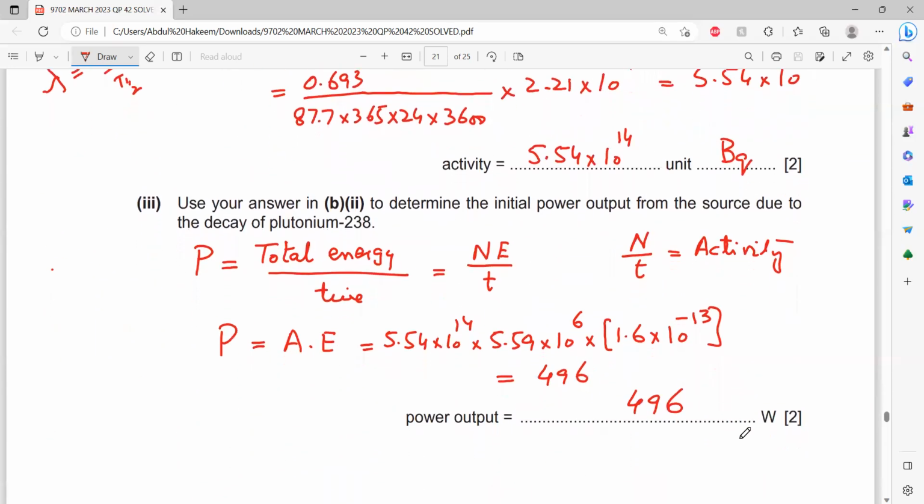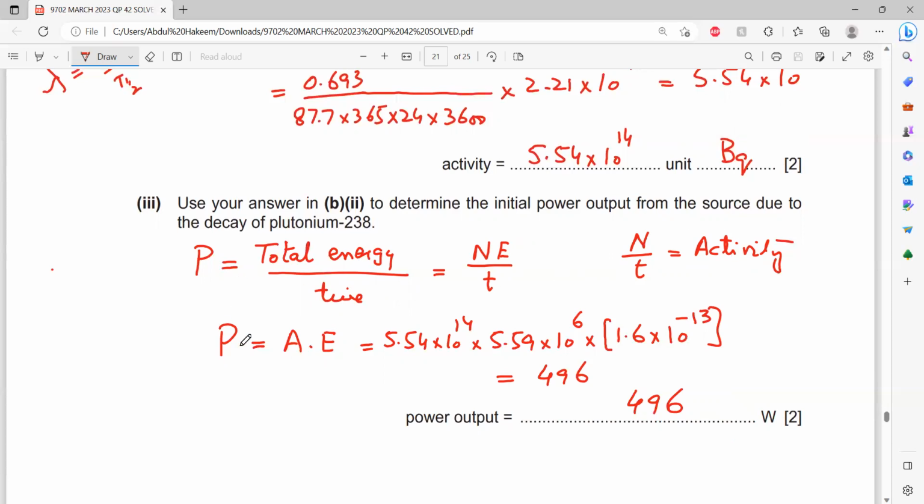Next, use the answer to determine the initial power output from the source due to the decay of the plutonium. The power is equal to total energy divided by time. And the total energy is equal to the energy of one reaction multiplied by the total number of nuclei, divided by t. But N divided by t is called the activity, because these numbers are decaying per unit time. So the number of nuclei decaying per unit time is activity.